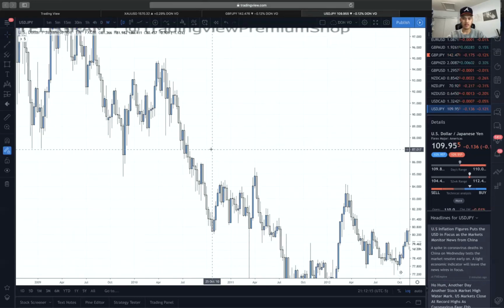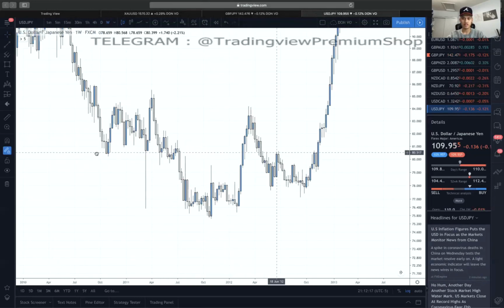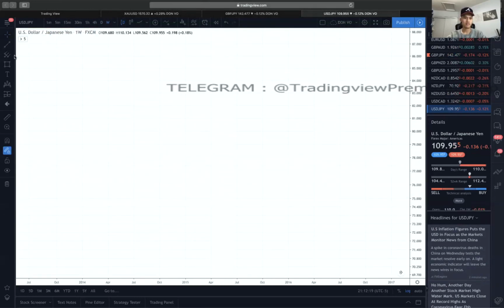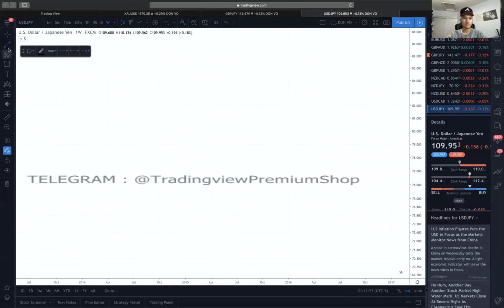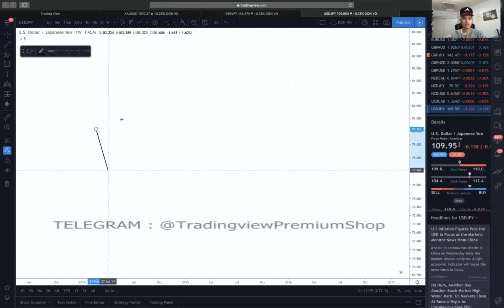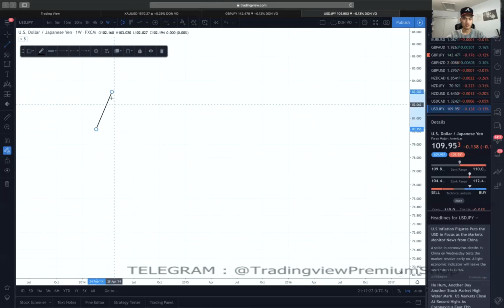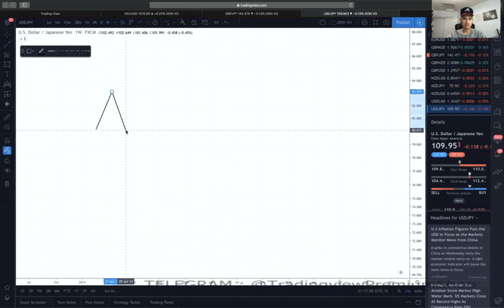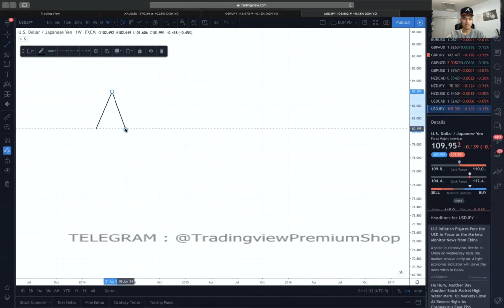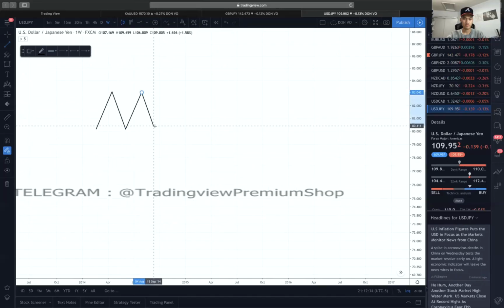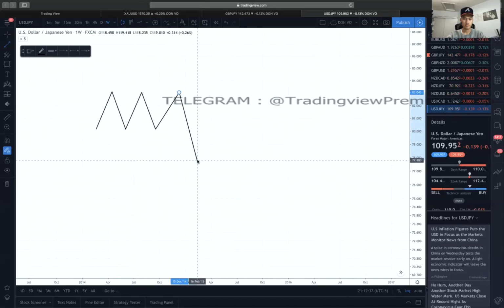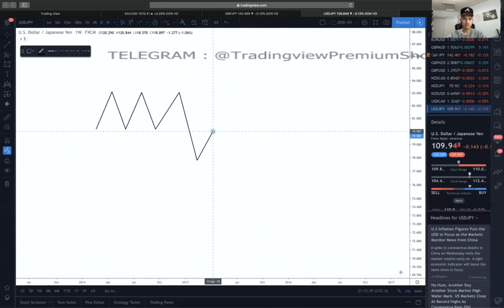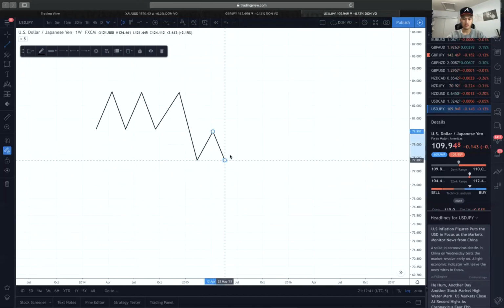what would be a good example for that? All right, so let's just look at a blank page. Let's say we have price going like this. So your price going like that.